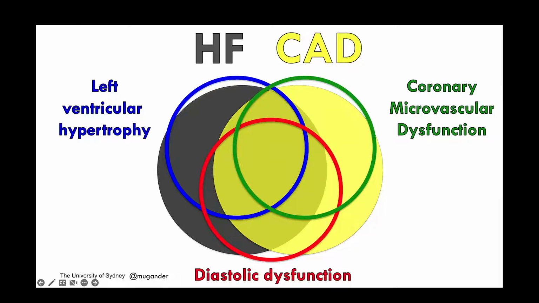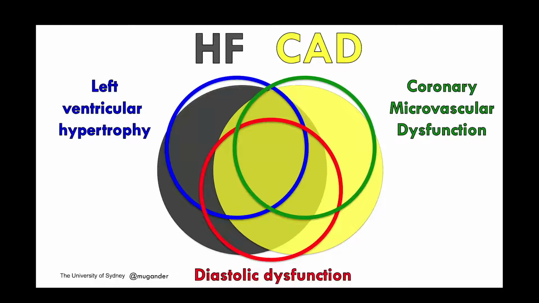And the reason we don't know exactly these numbers, at least when it comes to coronary microvascular dysfunction, is that it's not been systematically measured a lot. There are some studies, and we're going to talk about them. But there is certainly a big group, probably bigger than the area here in the middle, where we have all three pathologies in patients with both coronary disease and or heart failure.